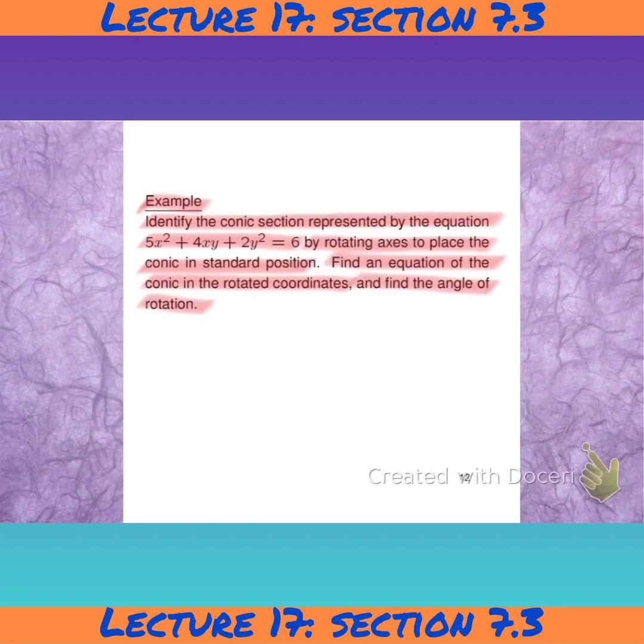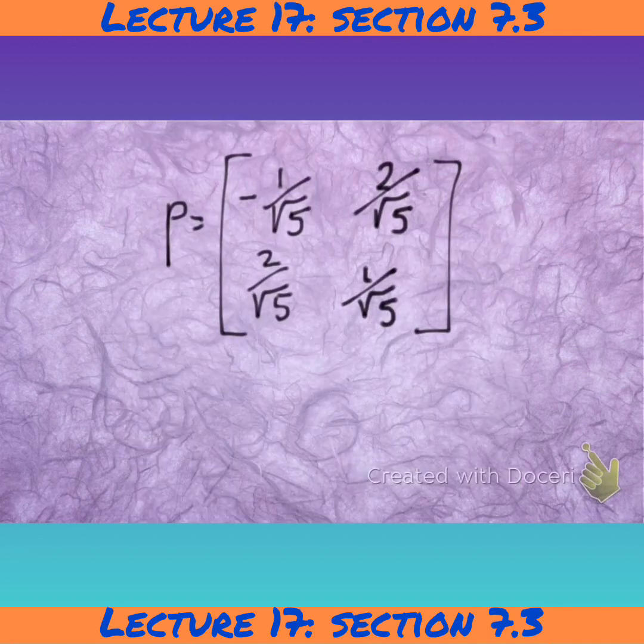So now we're asked to find an equation of the conic in the rotated coordinates, which we've just done, and we need to find the angle of rotation. So we take that matrix we derived, and remember now we just need to check the determinant of this matrix is 1.